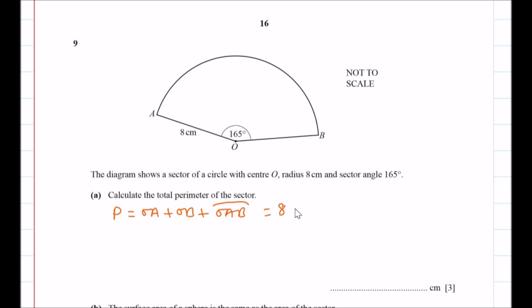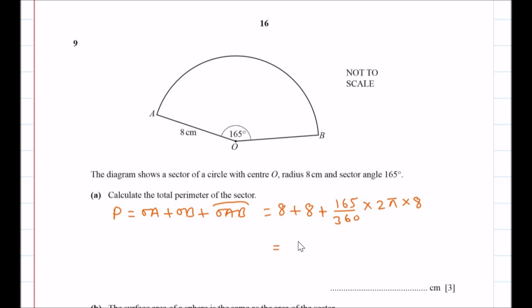Now OA is 8, OB also 8, and arc AB, how to find arc? Arc length formula is angle divided by 360. So angle is 165 here. Divide by 360 into 2 pi r. So 2 pi and r is 8.